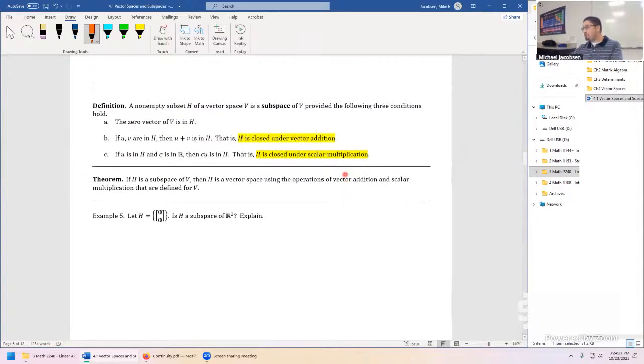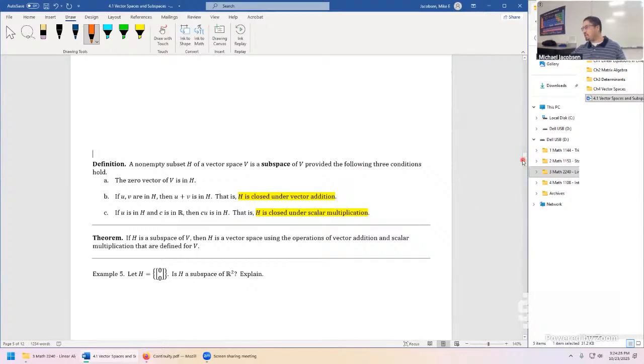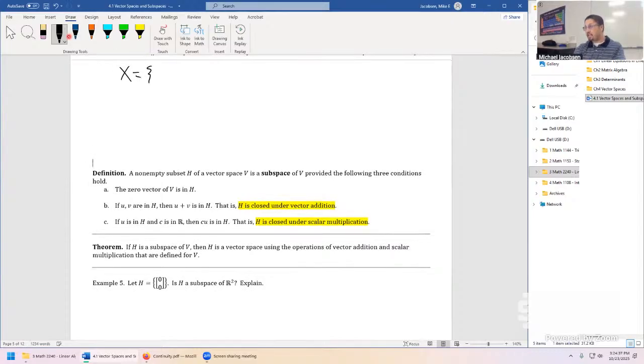So maybe even before taking on this definition, let's just do a really fast subset problem, just to brush off the dust and get everyone on the same page on what we mean by that word. Let's define some simple sets. Let X be, say, 0, 1, 2, 3, 4, 5, and 6.